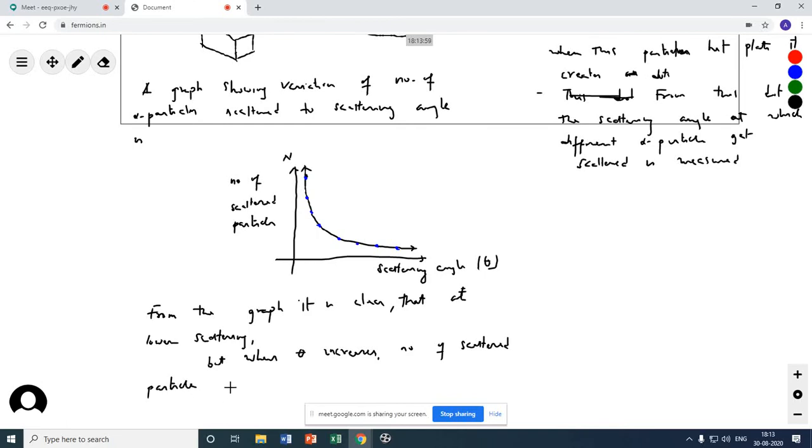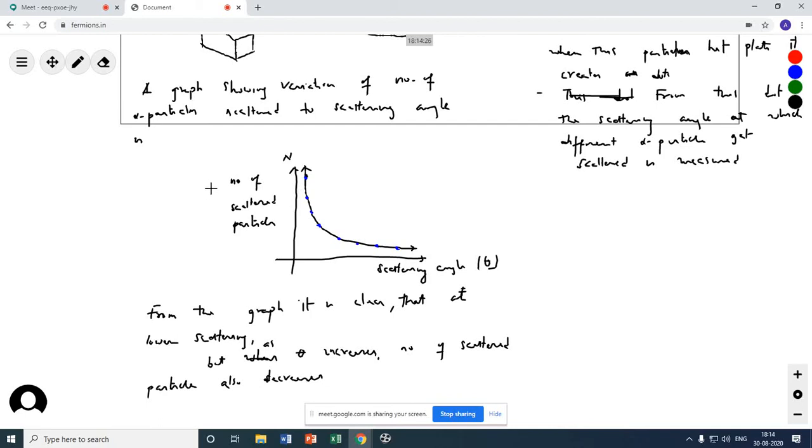As the scattering angle increases, the number of scattered particles also decreases.